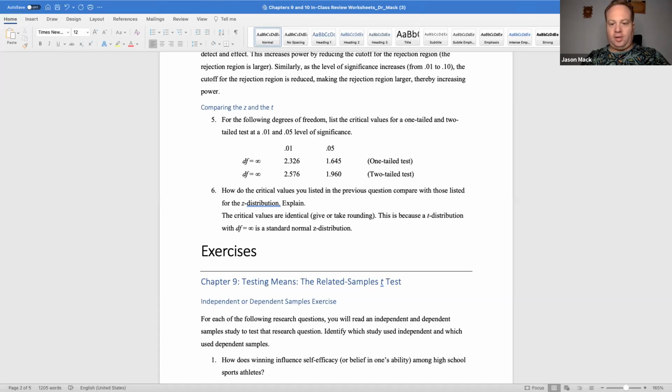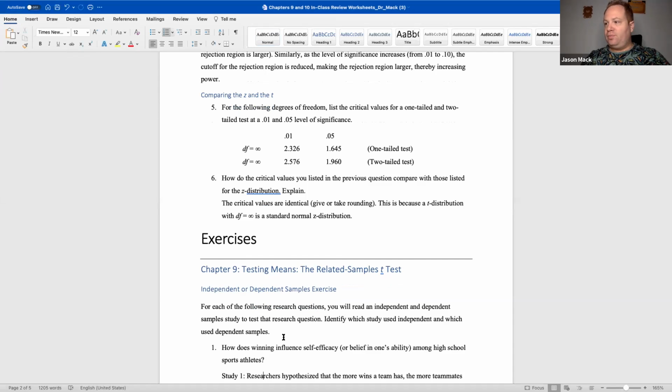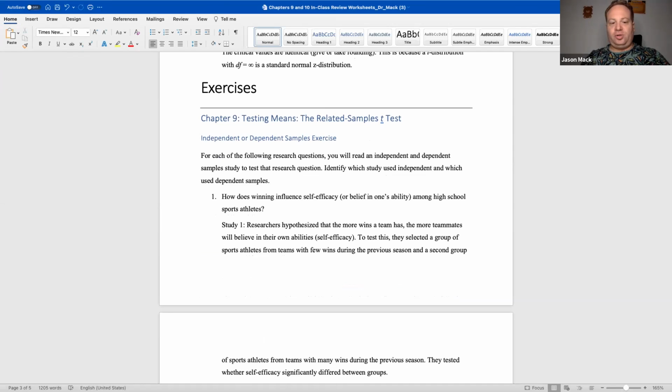All right, so let's go back to sharing here on our desktop. The next thing we want to talk about is, how does winning influence self-efficacy, or belief in one's ability, among high school students? So, study 1: researchers hypothesized that the more wins a team has, the more teammates will believe in their own abilities, or self-efficacy.